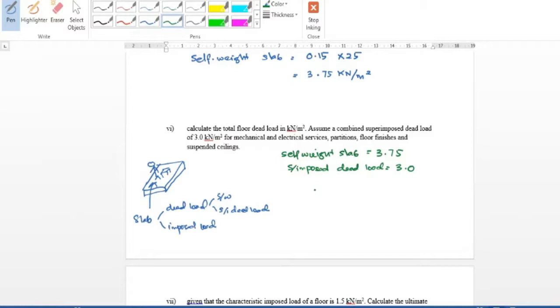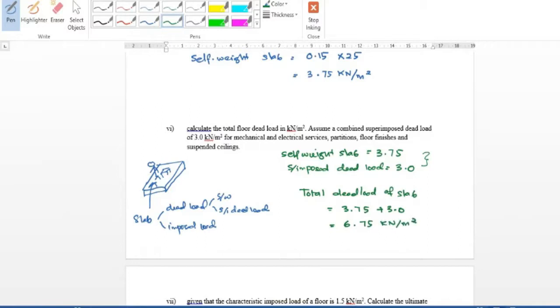Of course, we just add these two values. So total dead load of slab equal to 3.75 plus 3.0 equal to 6.75 kilonewton per meter square.